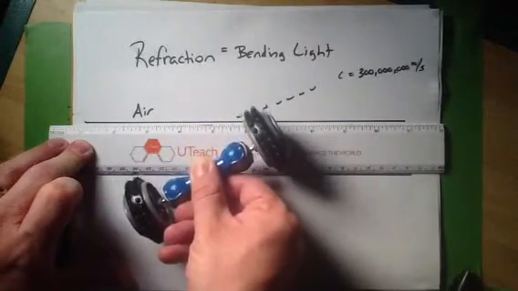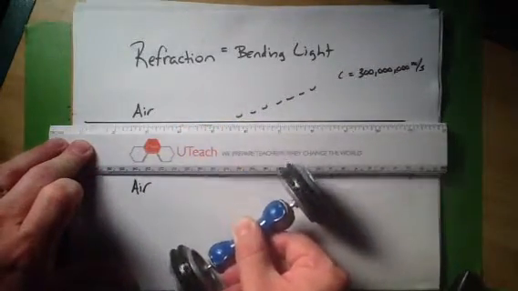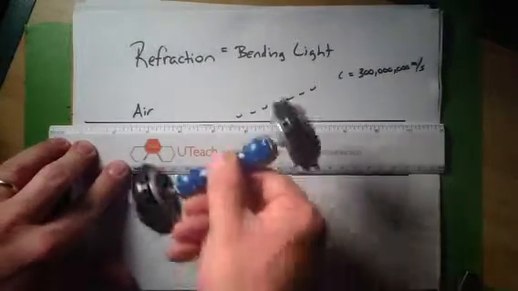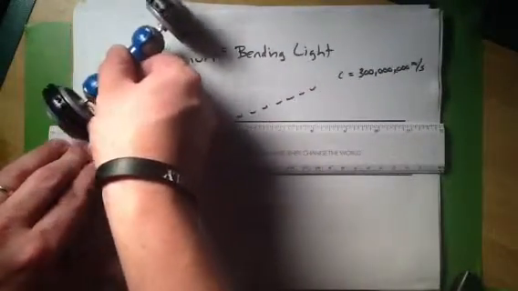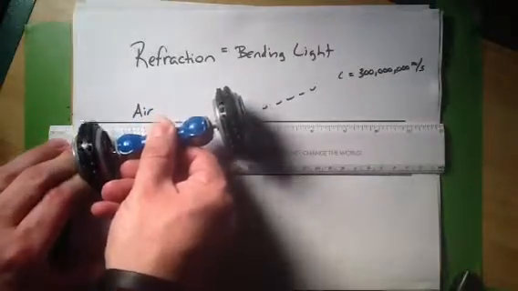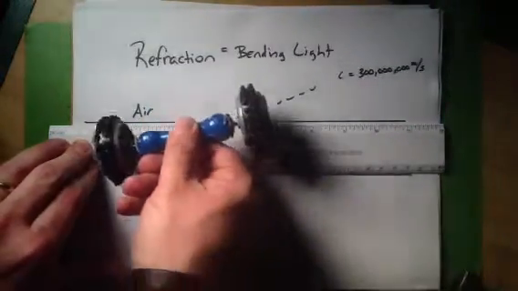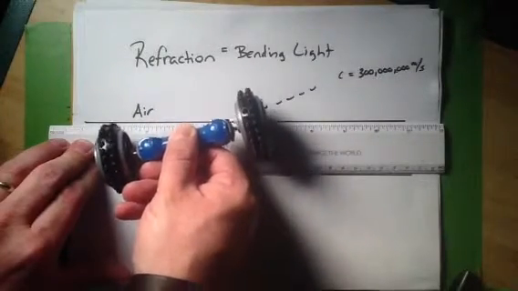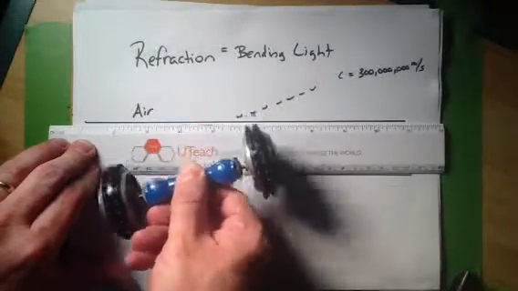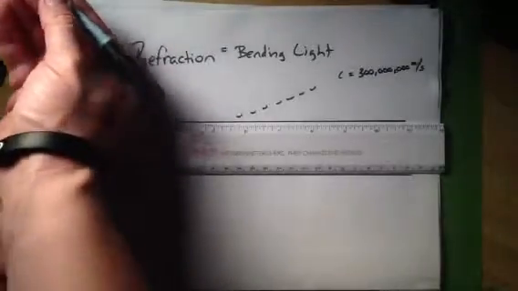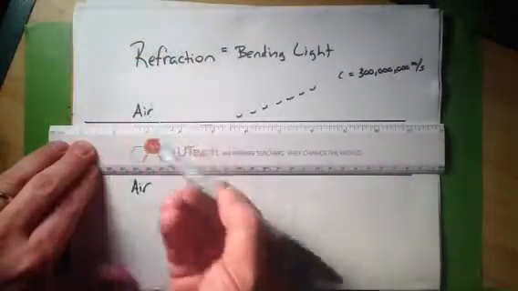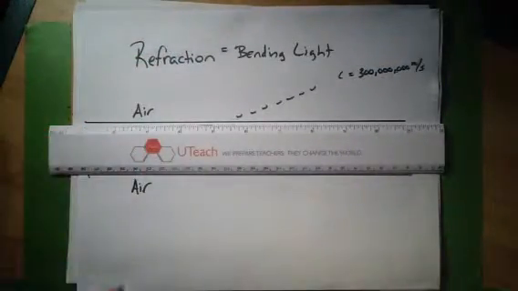It's going to speed back up and come back across. So it slows and bends and then speeds back up as it comes back out. They're both traveling across the same material, going in a straight line. So it comes at an angle, bends down, and then comes back out at the same angle it was to start.